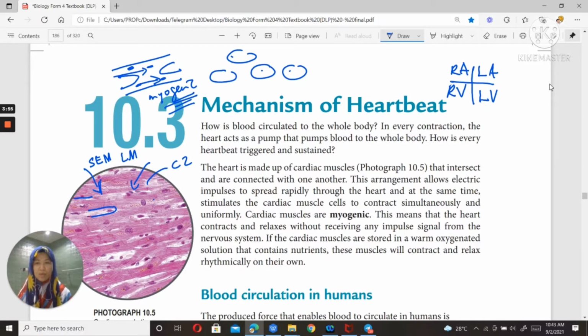That's why if we put the heart into an oxygenated solution, for example a nutrient solution with a high concentration of dissolved oxygen, the heart muscle can still contract and relax on its own.